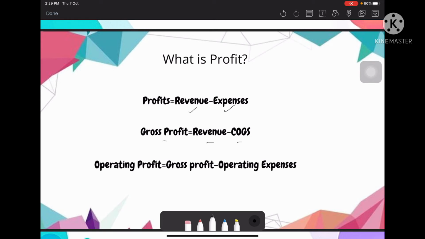Then the operating profit is the gross profit minus the operating expenses. The operating profit is the profit the company made from its actual operation, excluding certain expenses and revenue that may not be related to its central operations.